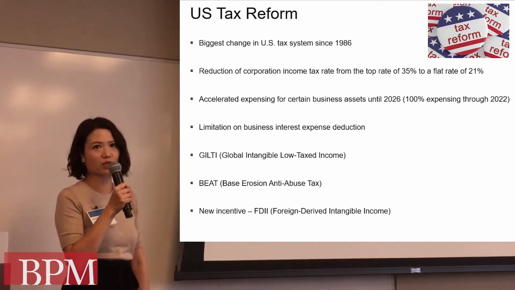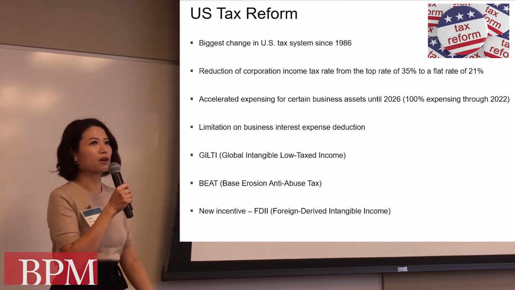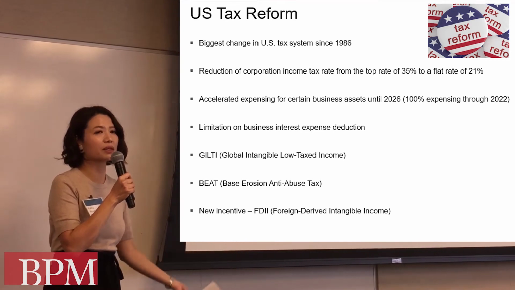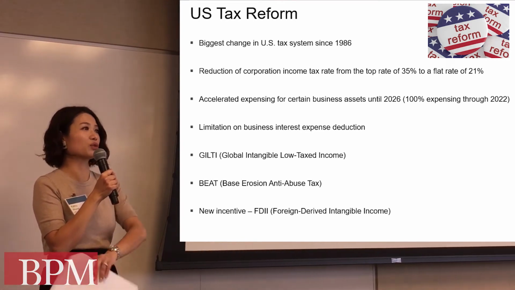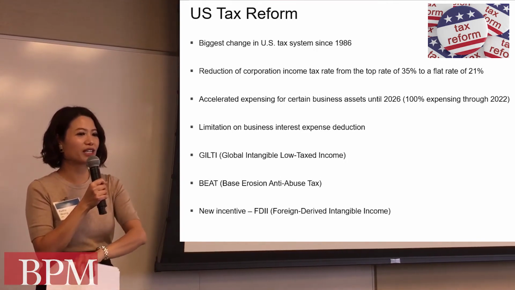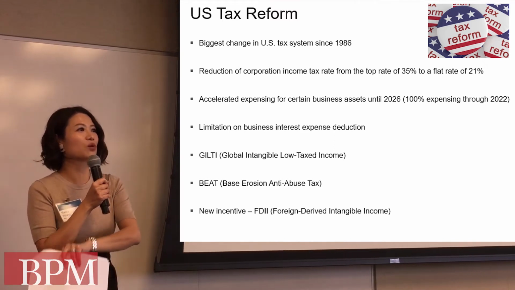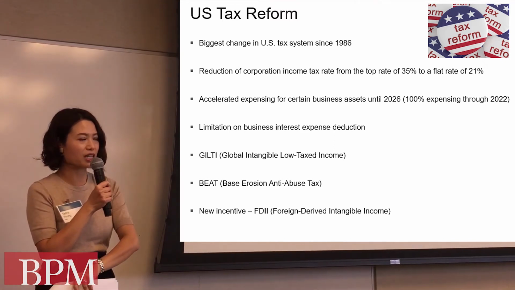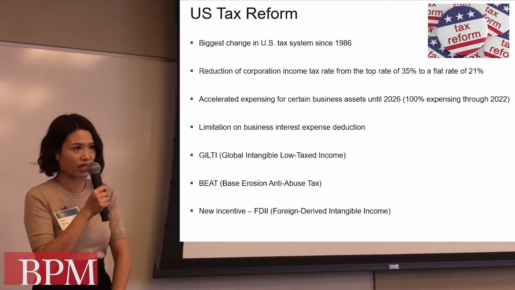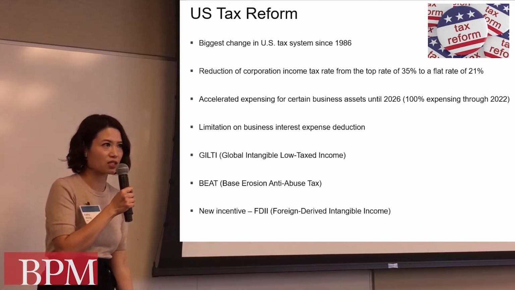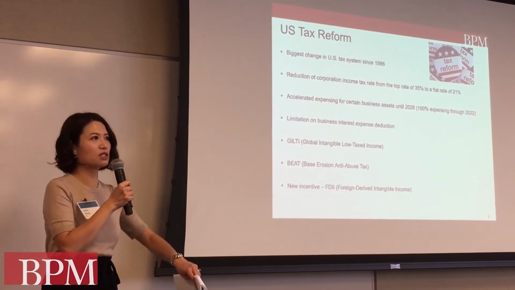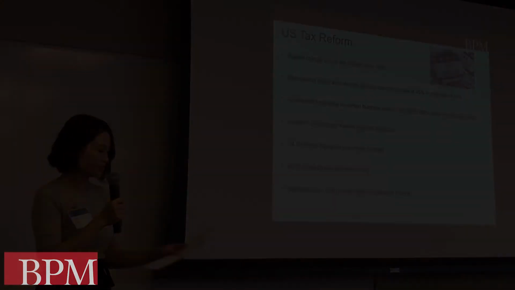So if you are exporting consumer products or providing services, or leasing or getting royalty income from foreign companies, then you get an extra deduction of 37.5% against your US taxable income. So that's an incentive to encourage US companies to produce here and export to a foreign country.